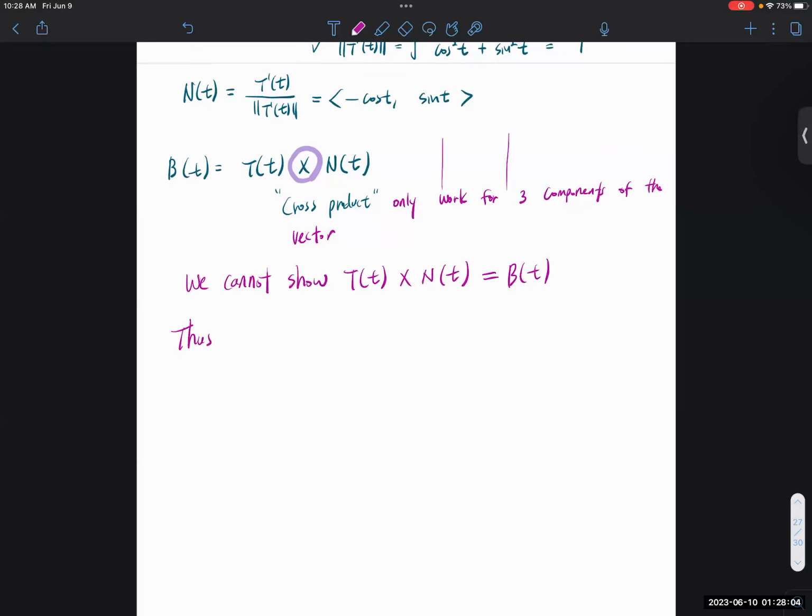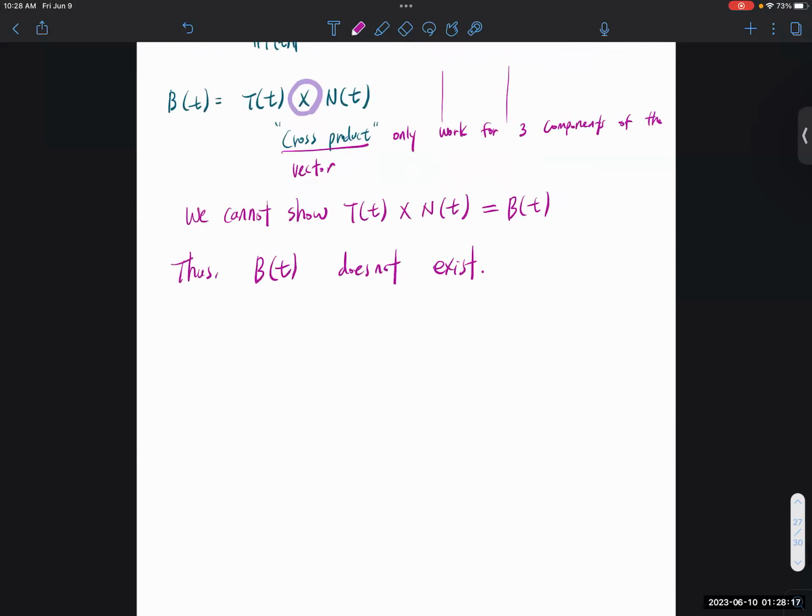Thus, in this question, the binormal unit vector does not exist because we cannot do the cross product. It only works for 3.